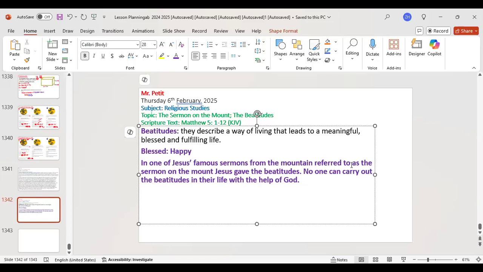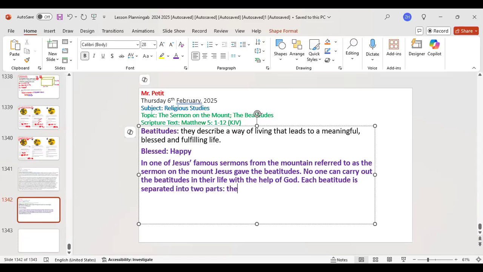Now, each Beatitude is basically separated into two parts.